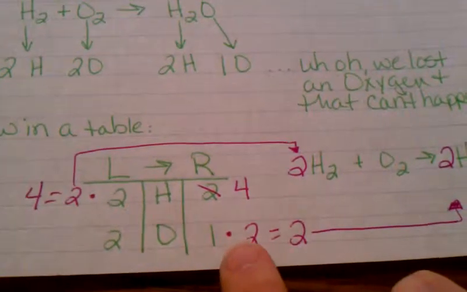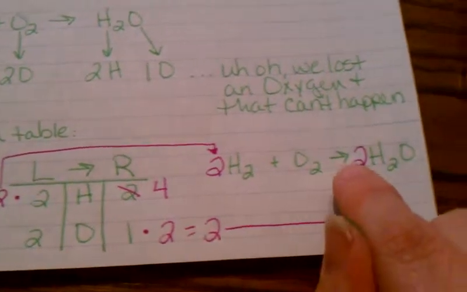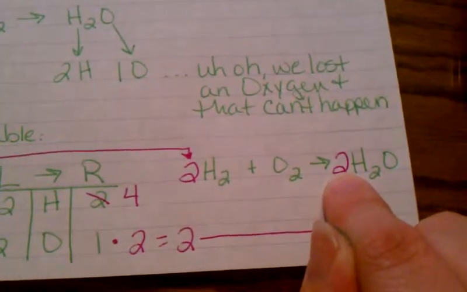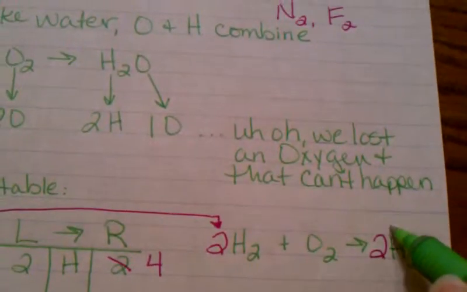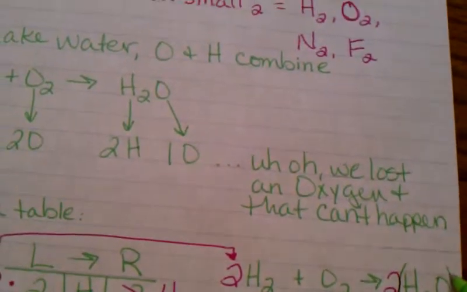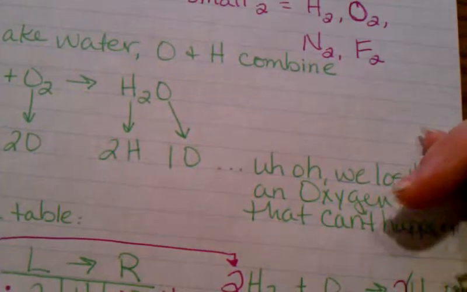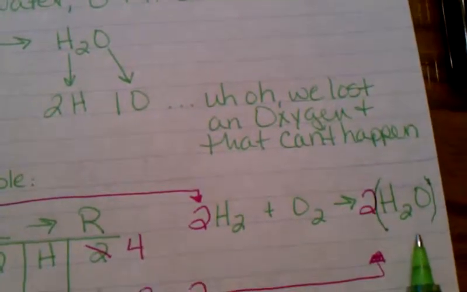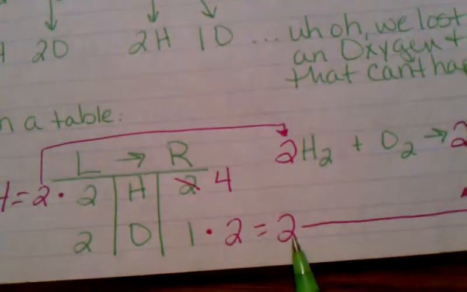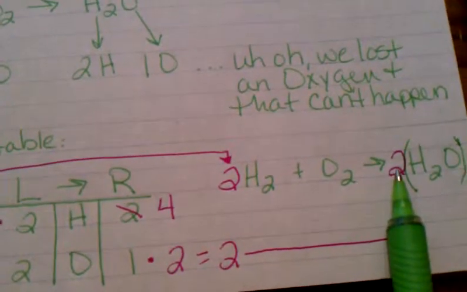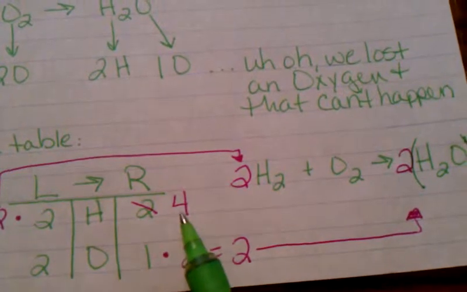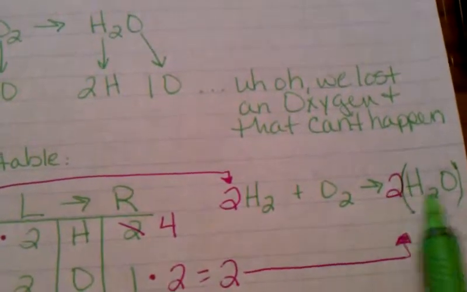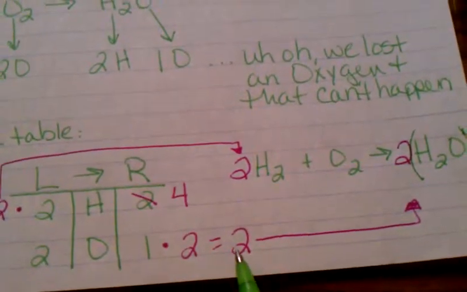Okay? So I'm going to multiply by 2, but that big 2 has to go in front because my water can't be separated. Okay? That's where these little imaginary parentheses come into play. I can't separate my water. So my 2 has to be put in front. So now I have 2 times 2, I have 4 hydrogen, and 2 times 1 is 2 oxygen.